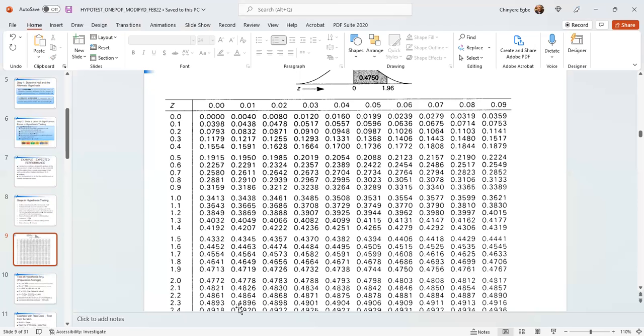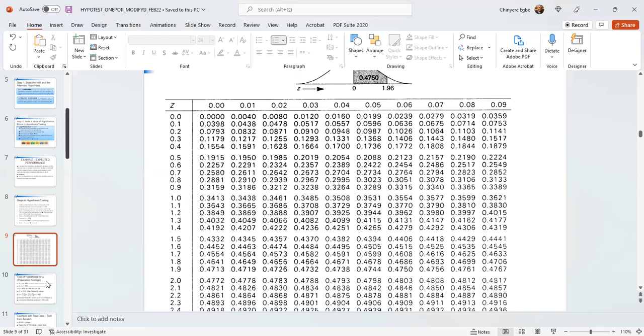Yes. Okay. So the corresponding Z value is 2.33. That is how we got the critical value of Z. Is that clear to you? Yes, it is.